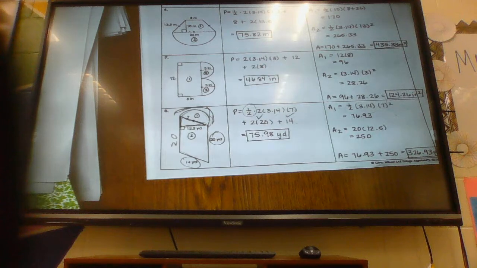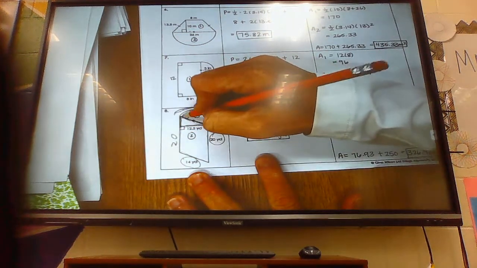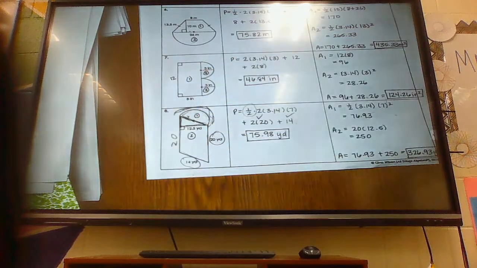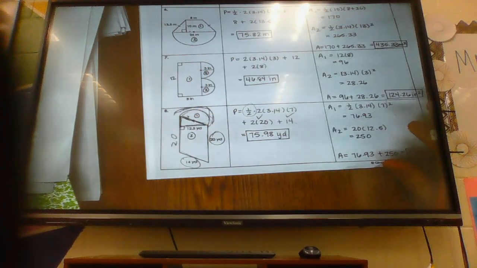Okay. Yes, Tara. Okay, what part? Okay, so you understand this is inside, right? So, oh, yeah. That would be 14. The diameter. Yes, you're right on that. Hold on.